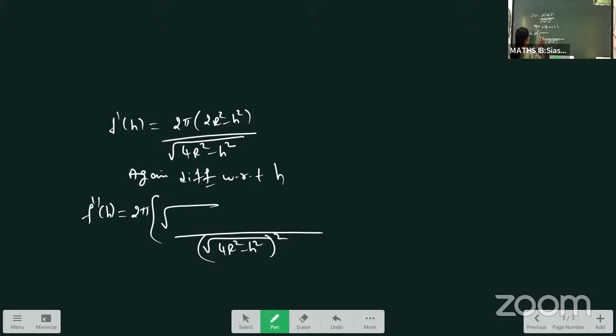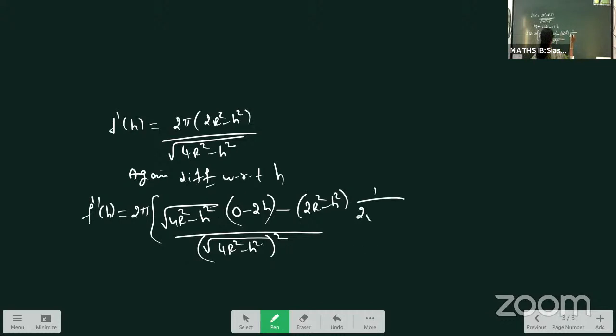V, under root of 4r square minus h square, into d by dx of numerator: 2r square derivative is 0, h square derivative is minus 2h. Minus numerator 2r square minus h square as it is, into d by dx of root x, which is 1 by 2 root of 4r square minus h square into minus 2h.